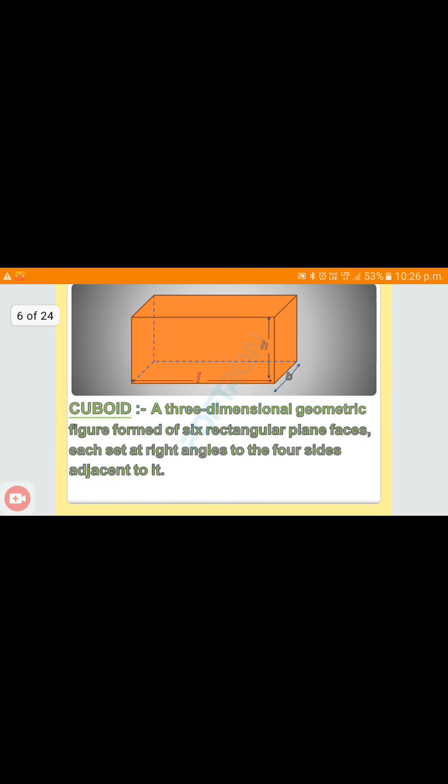After that, cuboid will come. It is also a solid figure made up of six rectangular plane faces. So, what will be its total surface area? It will be equal to the areas of six rectangles, out of which two rectangles are identical.